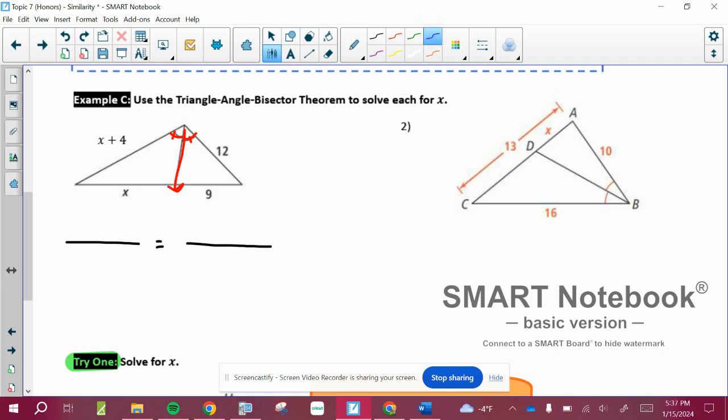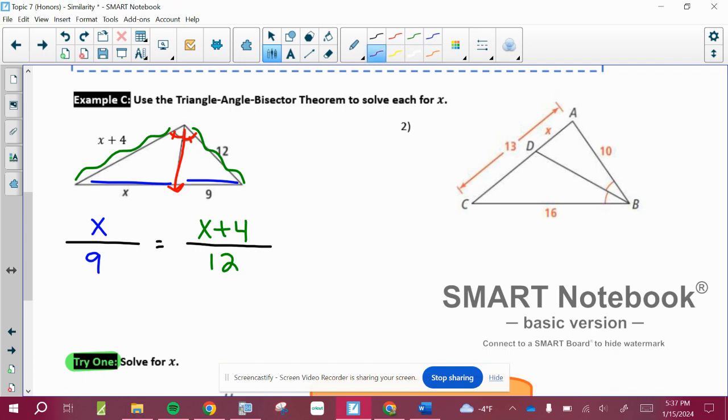So I can set this up, okay, using the 2 pieces from the bottom, x over 9, and set that equal to the ratio from the sides. Just making sure we go in the same order. So x would go with x plus 4 because they're on the same side of the bisector. Okay, 9 goes with 12. So I would go in the same order. X over 9 is equal to x plus 4 over 12.